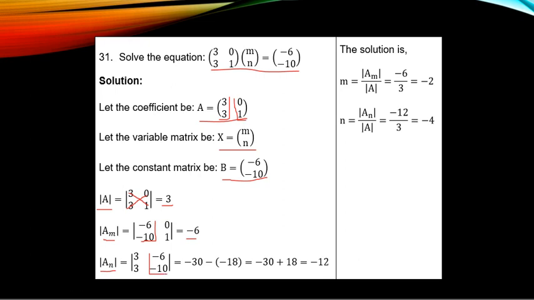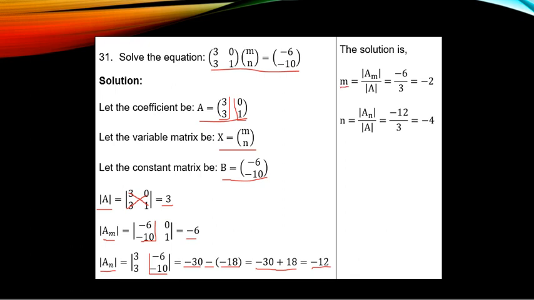After that, you look for the determinant, where you take 3 times minus 10, that is minus 30. The difference follows. Then minus 6 times 3 is minus 18. You have minus 30 plus 18, because minus is plus. You have minus 12.